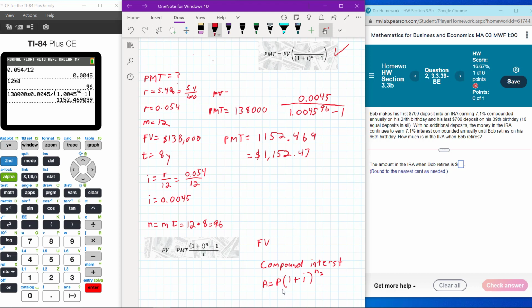The beginning value for the compound interest phase is going to be the future value at the end of the annuity phase.